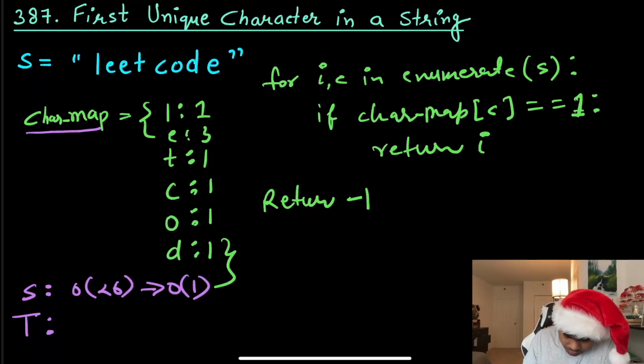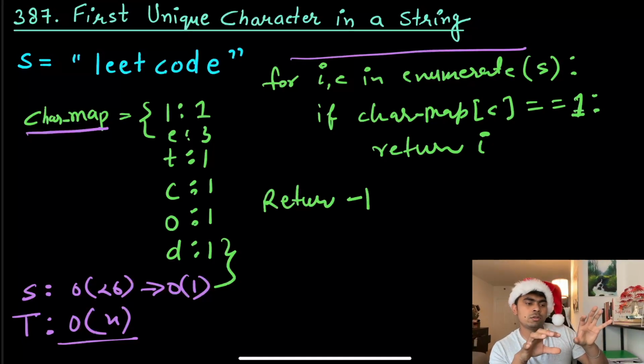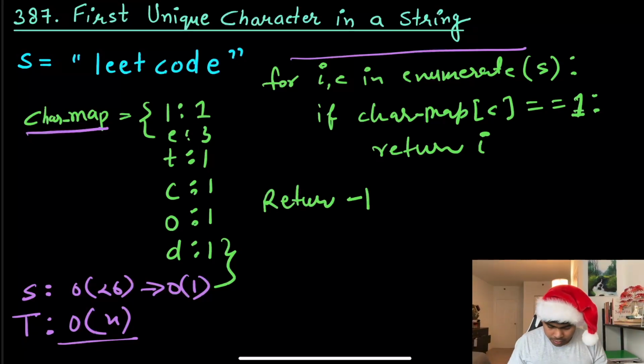And our time complexity for this problem would be big O of n, because we first create this map and then iterate over the entire string. We are doing these two passes, but independently, not as part of nested for loops. So that is why the time complexity will be big O of n. This is a really simple problem.